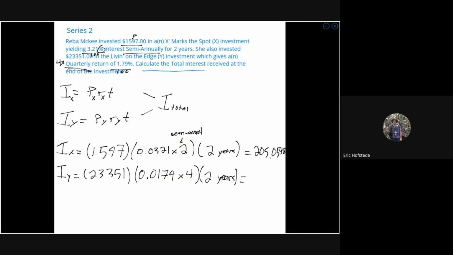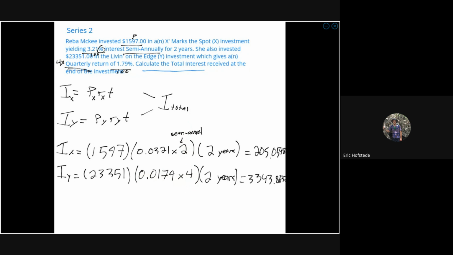23,351 times 0.0179 times 4 times 2 years. Quite a bit more, which makes sense, since I have a larger principal amount that I invested. So I'm earning $3,343.86 with some extra significant digits.